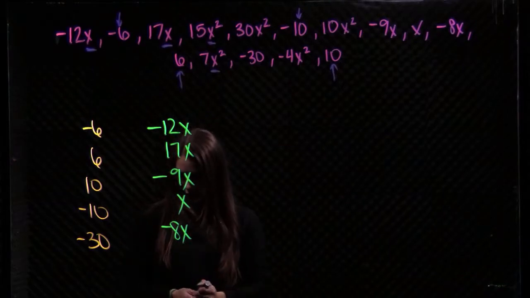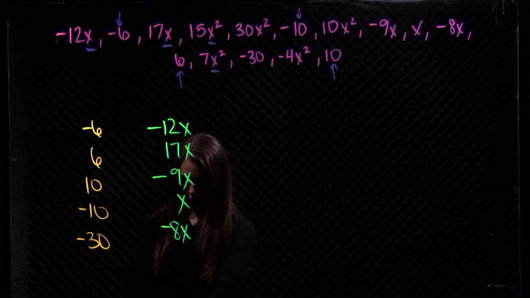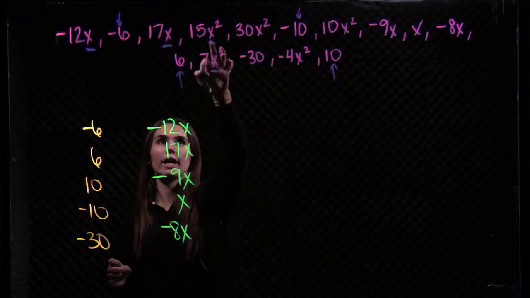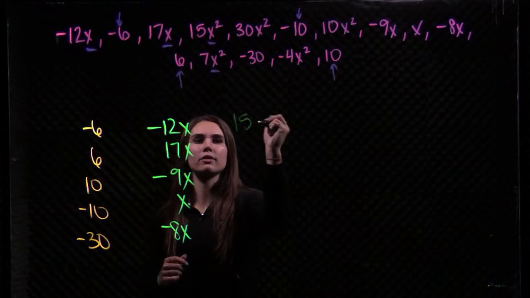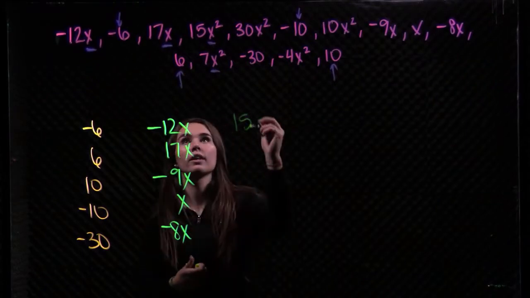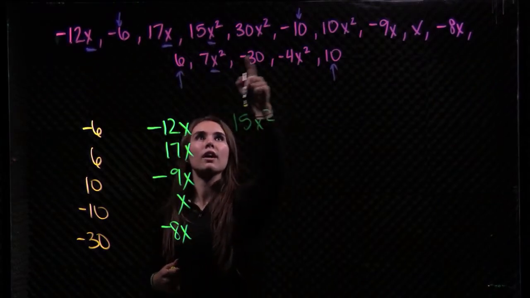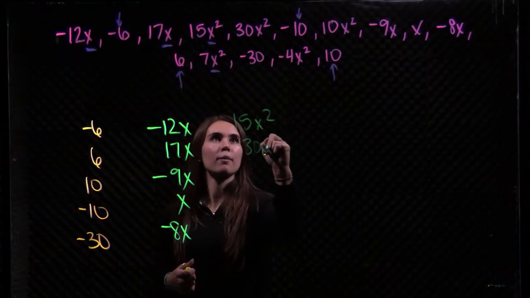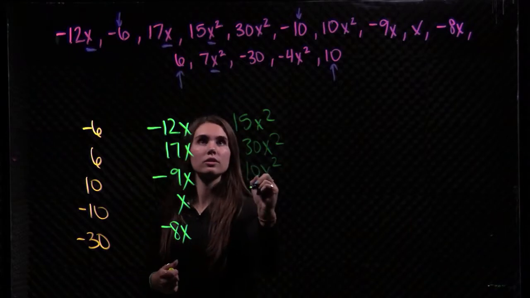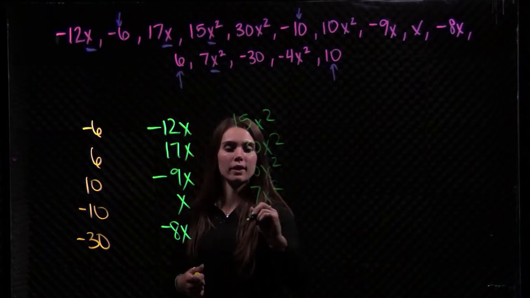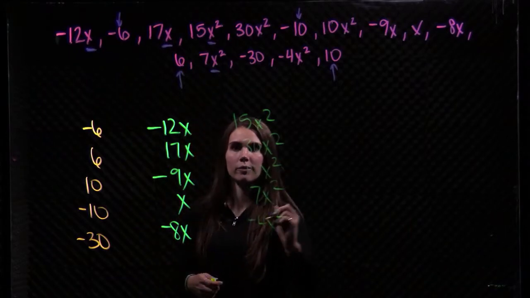And then for your last group, I saw that you did your x squared. So when you have 2 x's, so your 15x squared, 30x squared, 10x squared, 7x squared, -4x squared.